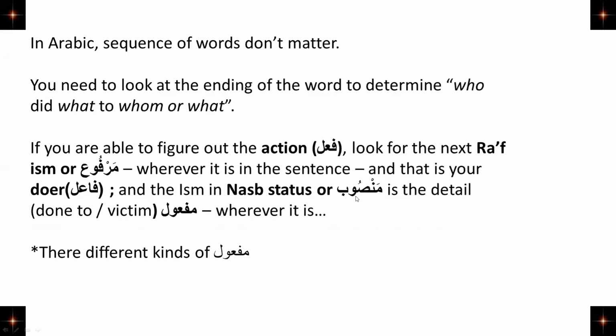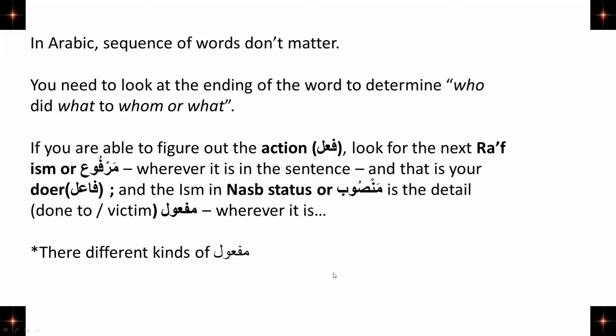It doesn't matter where it is in the sentence. Okay? So the maf'ul would always be after the fi'l. And then it will be in nasb status, which means it can take either fatha, aini, ina, atin, or alif, depending on what word you are looking at.